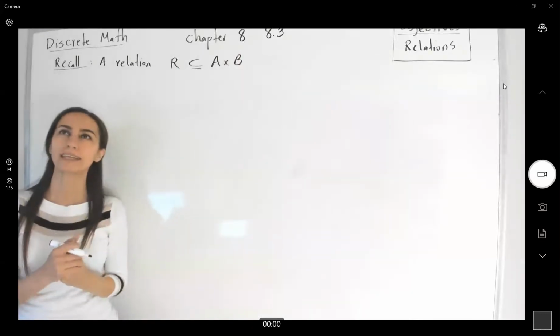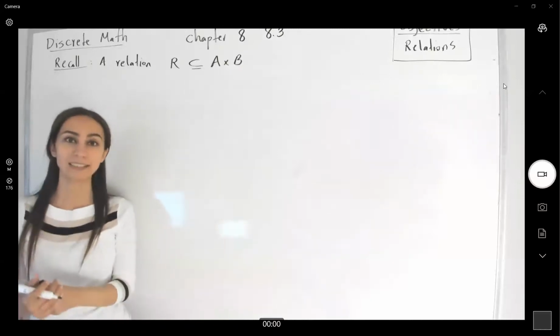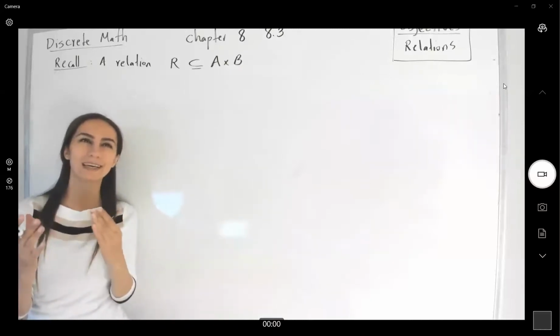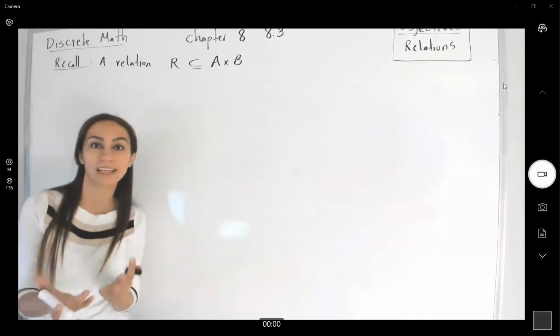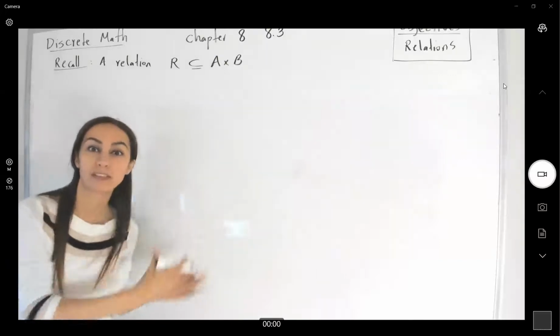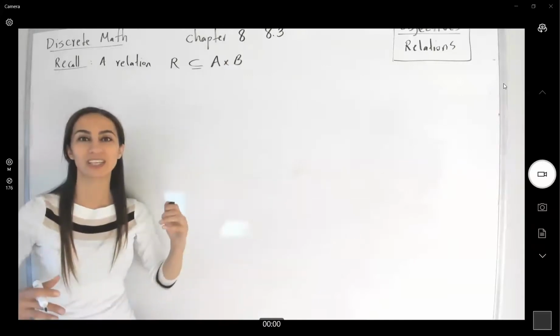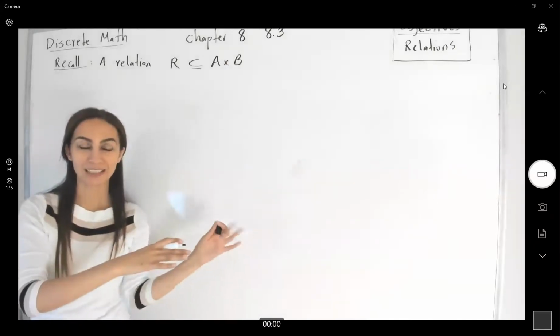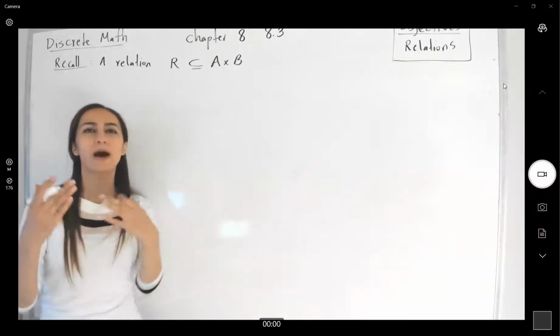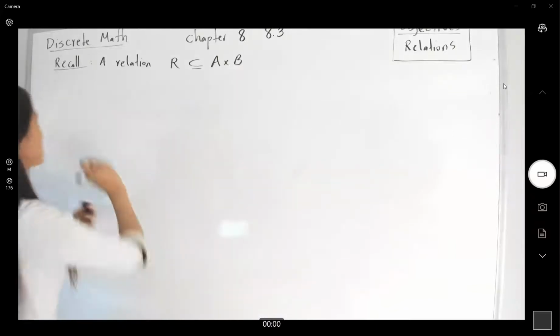Also recall that when we have a set and that set has some subsets that are mutually disjoint from each other, and the union of those subsets is equal to set A, we name it a partition.